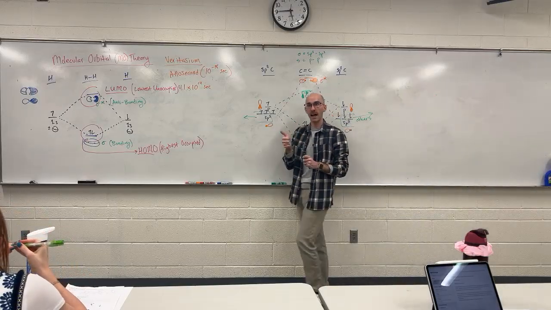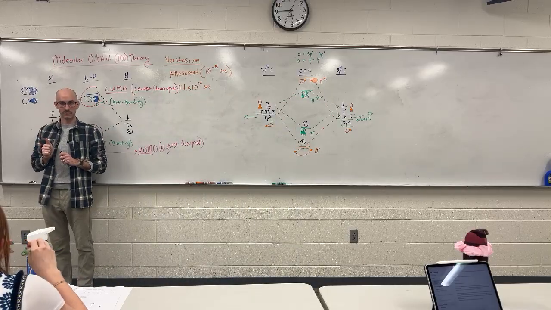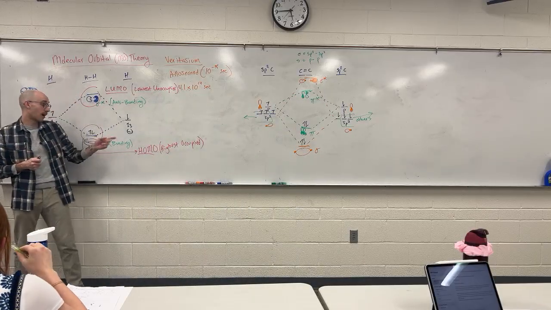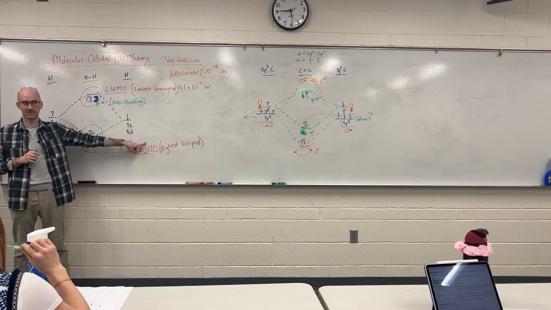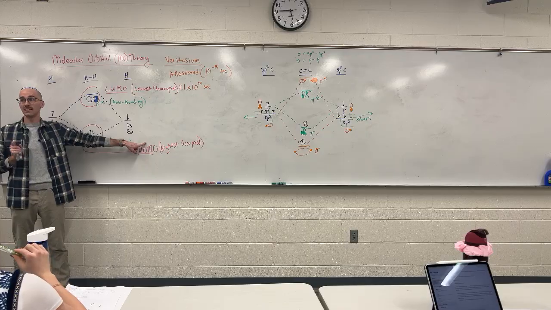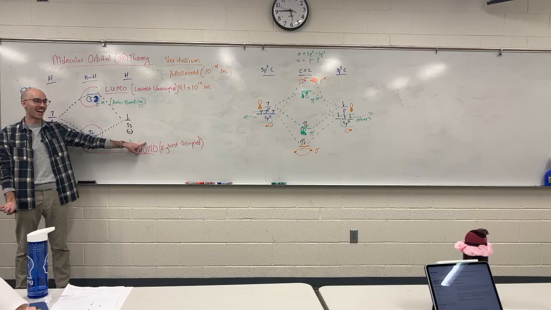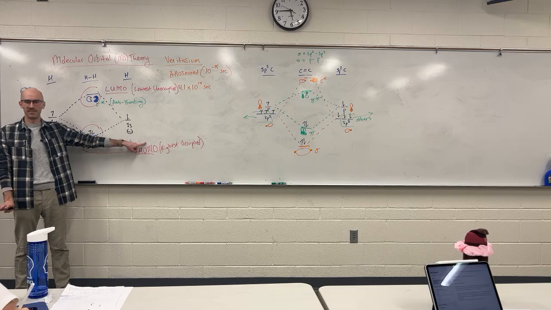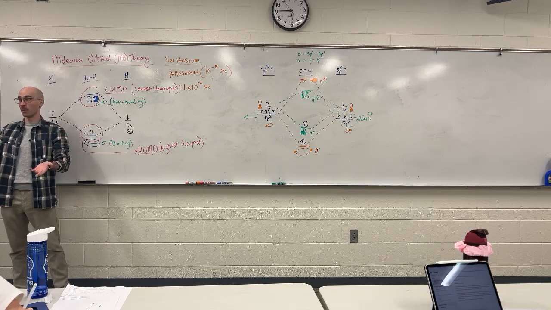Sigma is the highest occupied molecular orbital. Yes, highest energy occupied orbital. Good. Sigma would actually be considered the LOMO, the lowest occupied molecular orbital. We don't usually talk about the LOMO because it's not a frontier orbital.